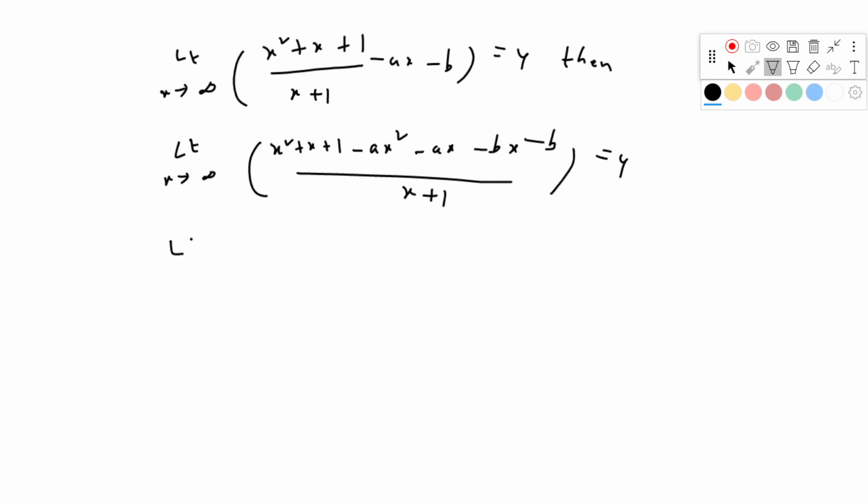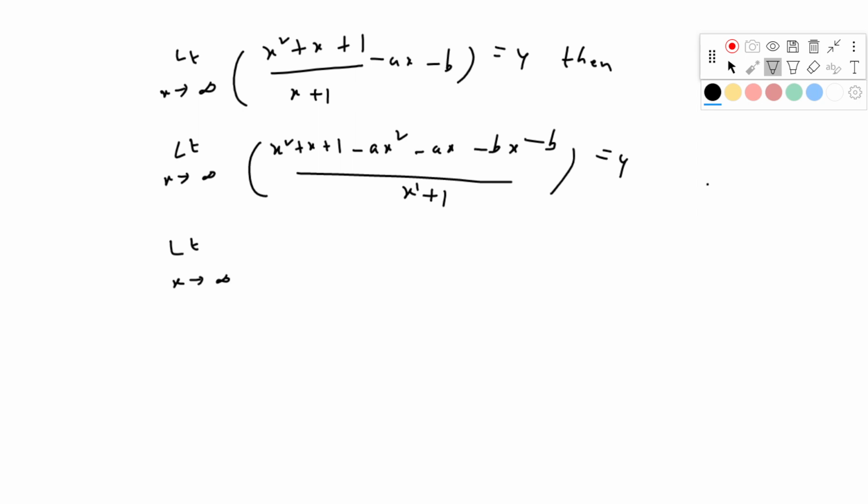Here you have to remember one thing. With limit x tends to infinity, whenever we have powers, here x power 1, here x power 2. If the denominator power is greater than the numerator power, the value is 0.